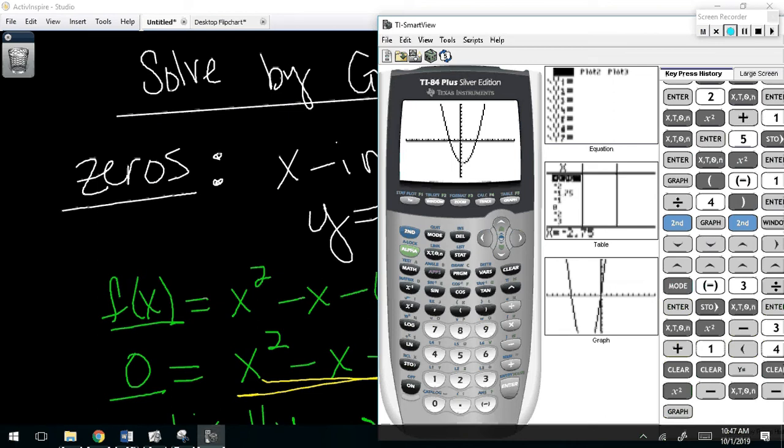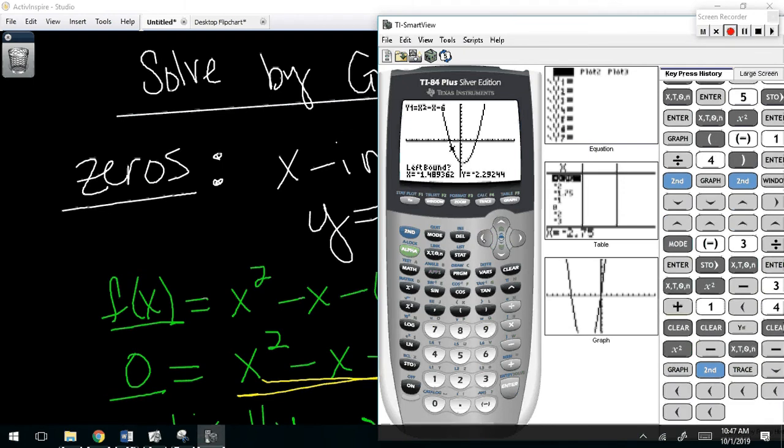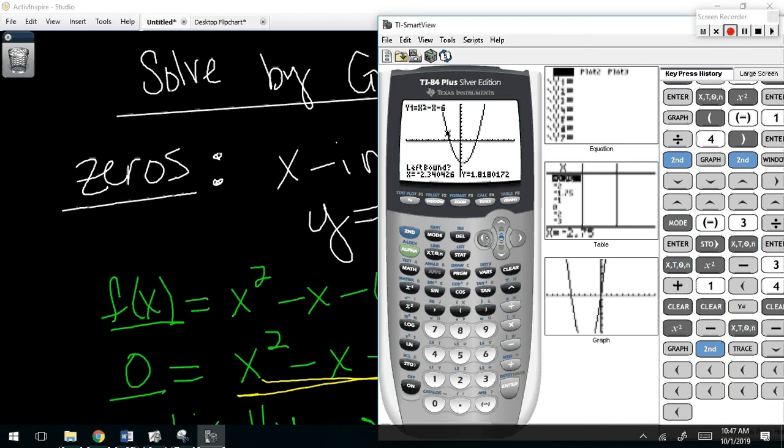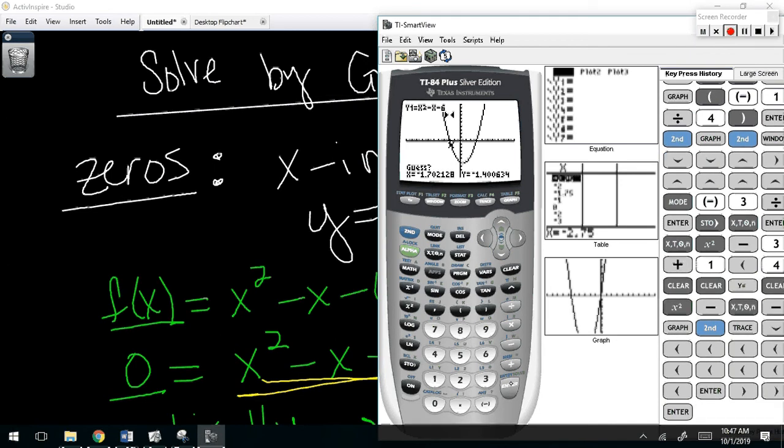This is nothing new, right? We did some analysis where we found the zeros of the function. So again, second trace, G-solve if you're on a Casio. I'm going to do the 0. Left bound. Everybody remembers how to do this, right? Yes, ma'am. Okay. Left bound, right bound, and enter.